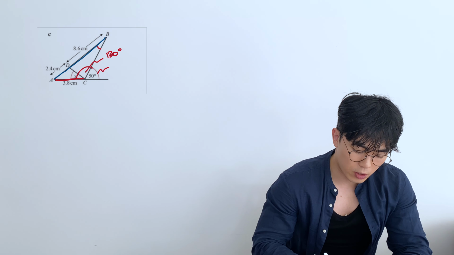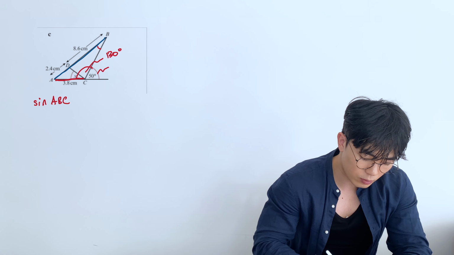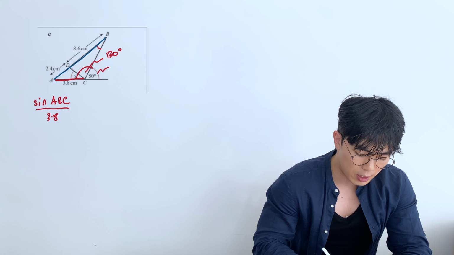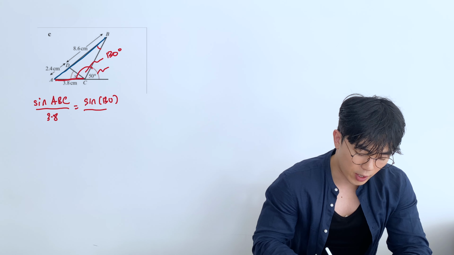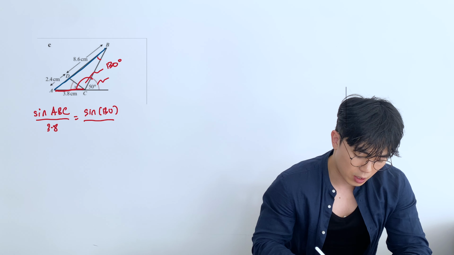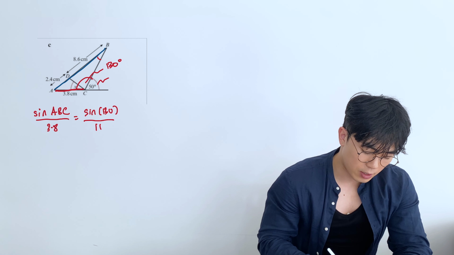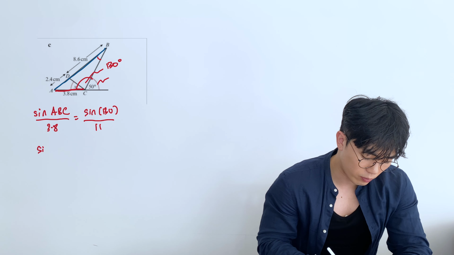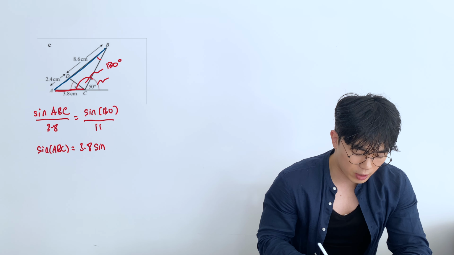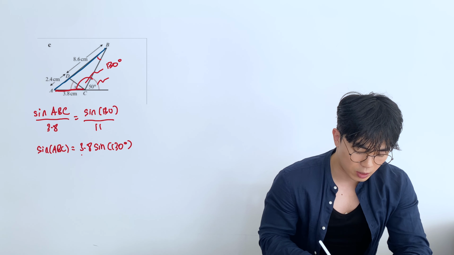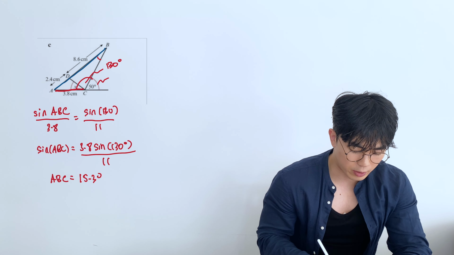Okay? So I'm going to use sine, and let's call the angle ABC. Sine ABC over the length, which is 3.8, is equal to sine 130 divided by the total length, which is 2.4 plus 8.6, so 11. Okay, so sine ABC is equal to 3.8 sine 130 degrees over 11, and if you work this out, ABC comes out to be 15.3 degrees.